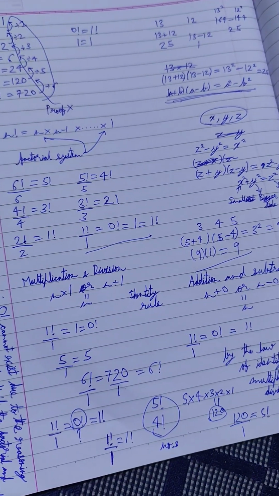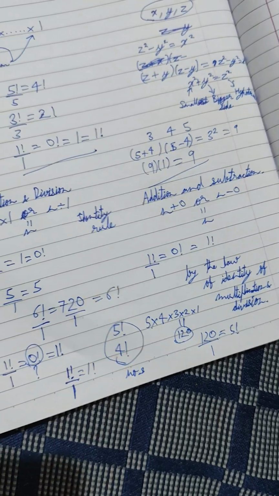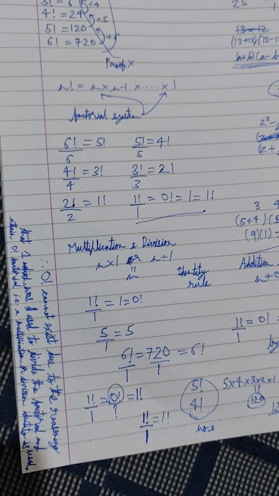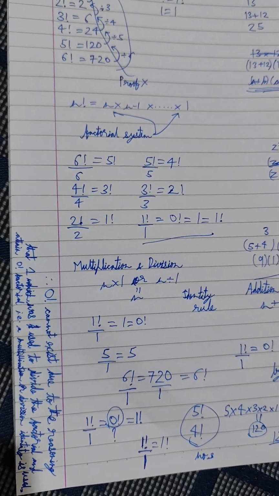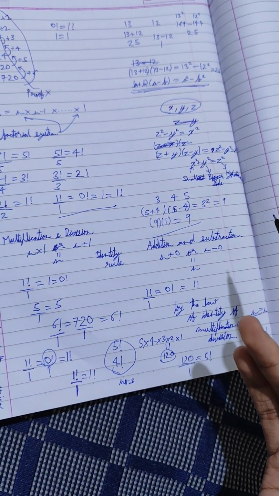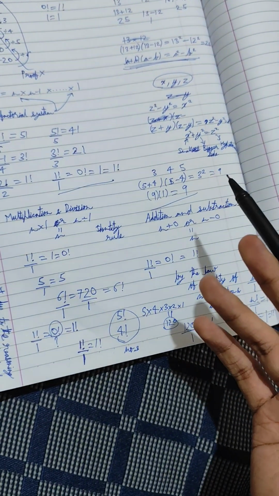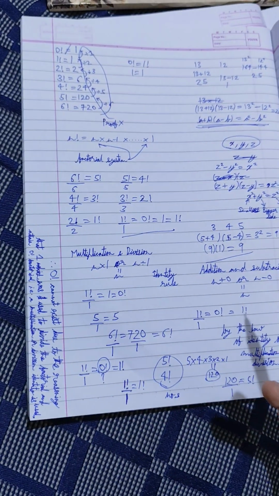To be honest, it's done. Now they have to prove this thing all by themselves, the 0 factorial, right? If in case I'm wrong, please notify me and inform me. I would be pleased to know the way it works.